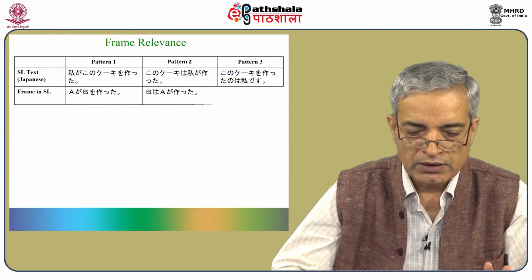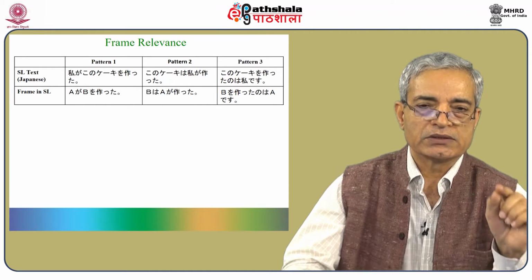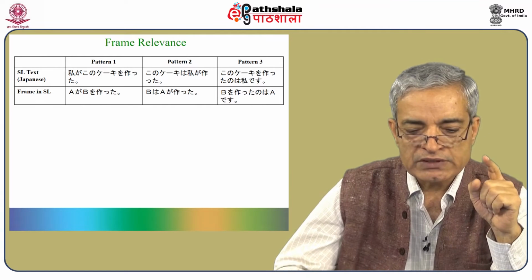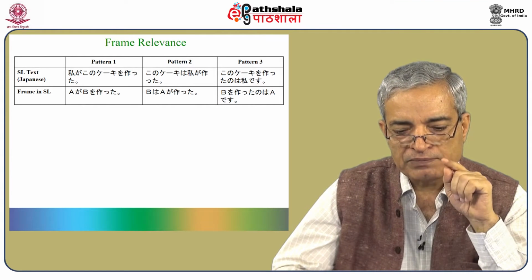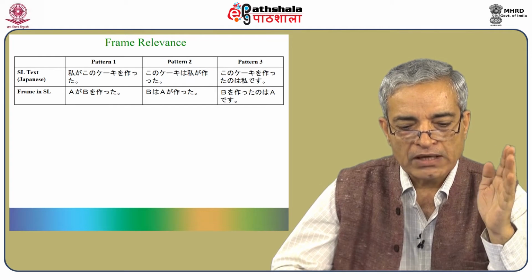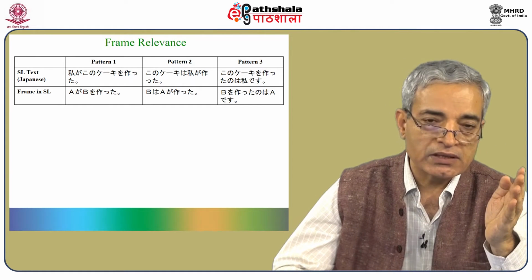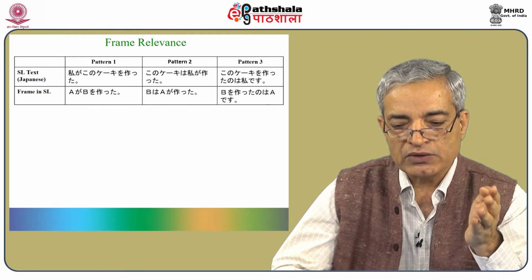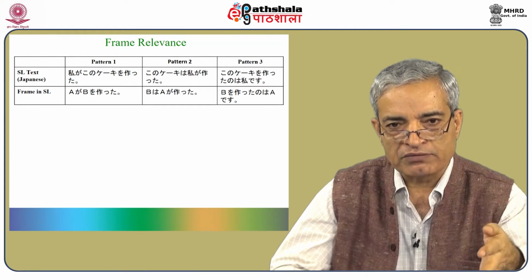Now what happens actually is, if you see carefully the frame in these three cases, the first one is A ga B o tsukutta, the second is B wa A ga tsukutta, it's reversing, and the third is B o tsukutta no wa A desu. So it's much different.